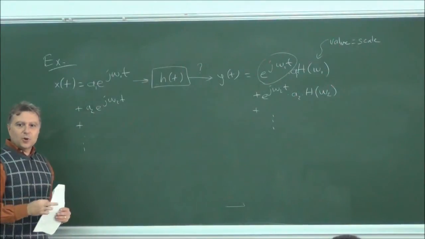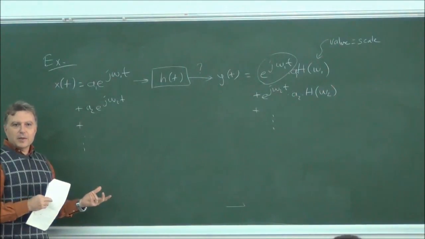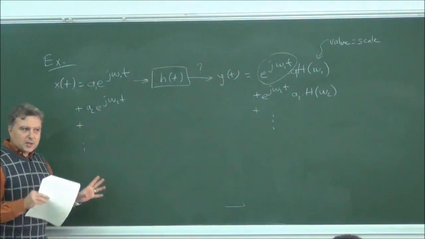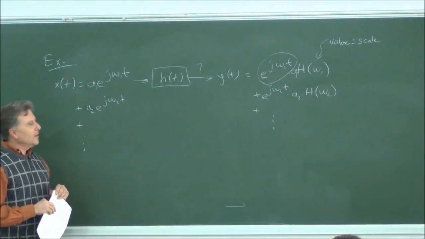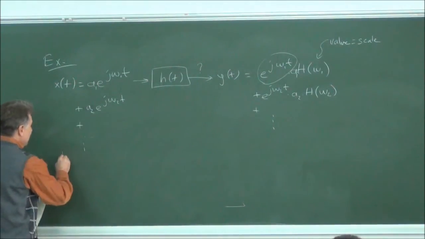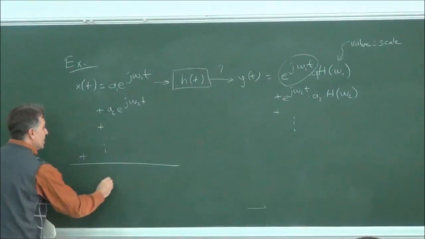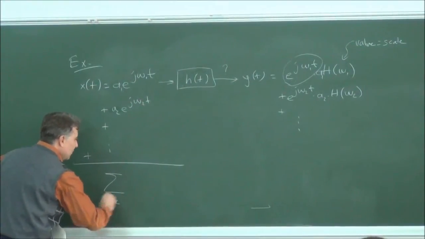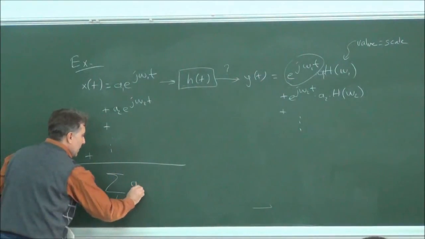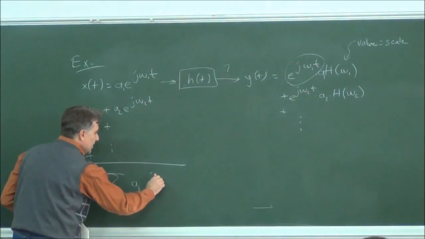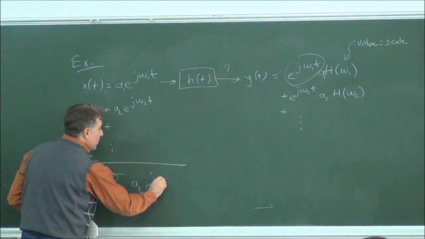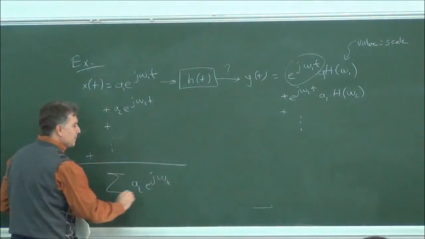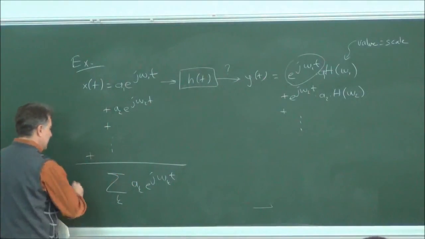That's how we determine the system response for combinations of sinusoids. And that's why, as a summation, we have for all k, ak e to the j omega k t.